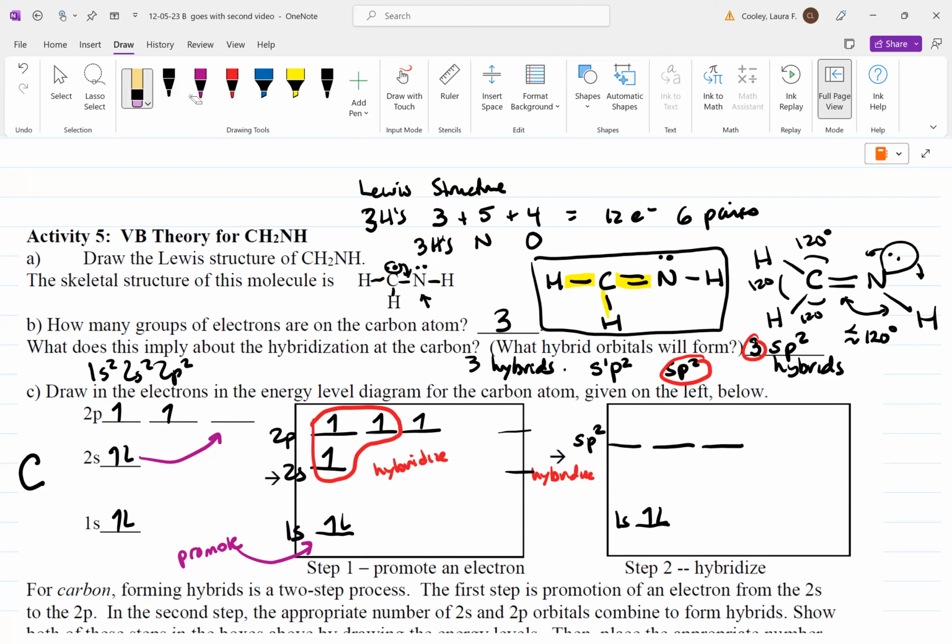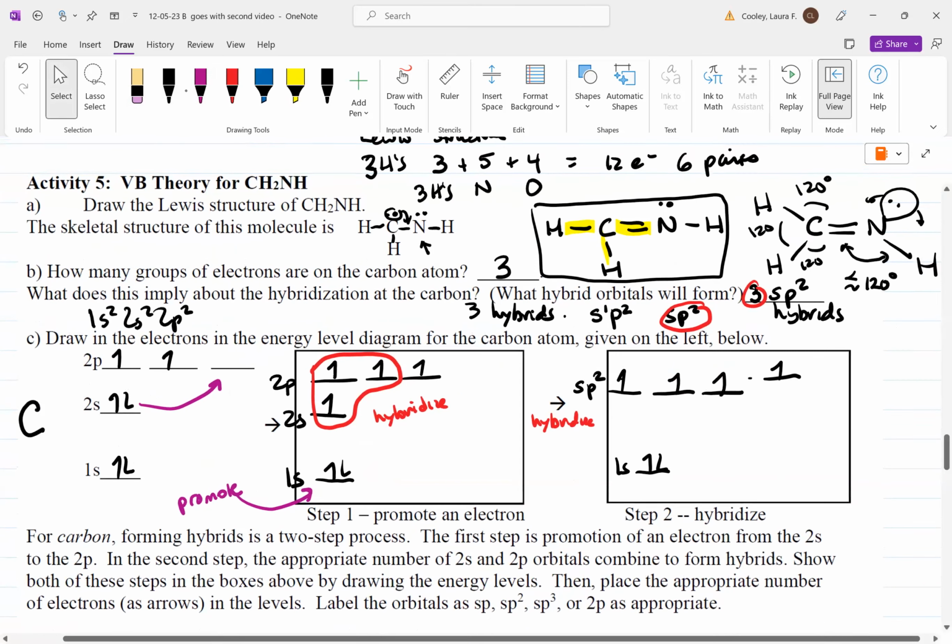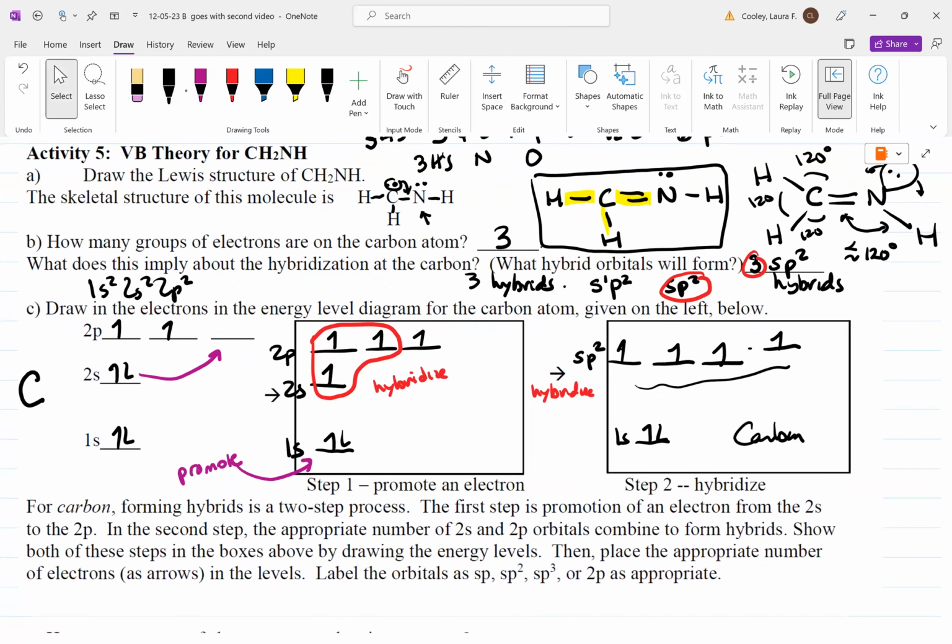And then we have 1 leftover p orbital there. So these are all half filled. This is what we have for carbon. These are ready for bonding. They're half-filled orbitals. Now let's look at nitrogen.